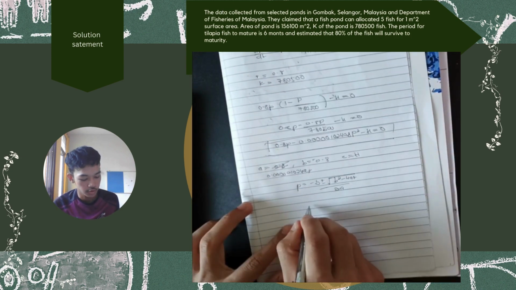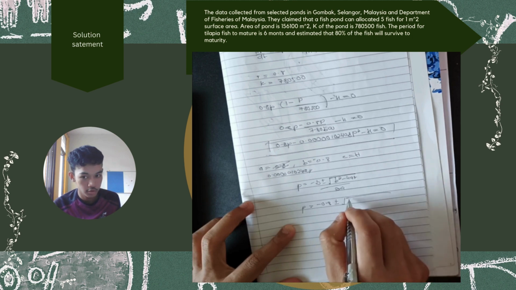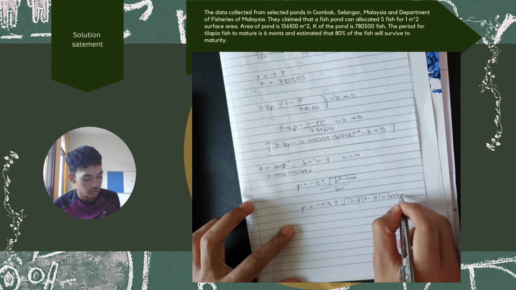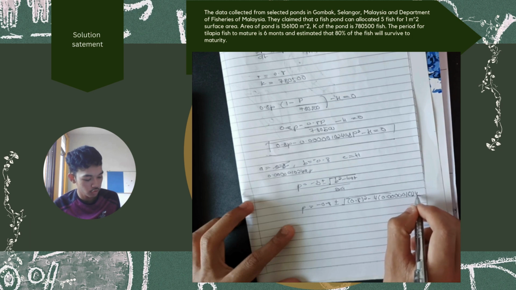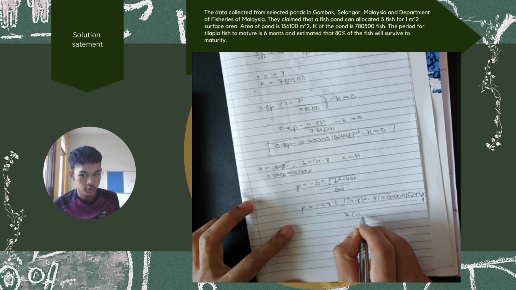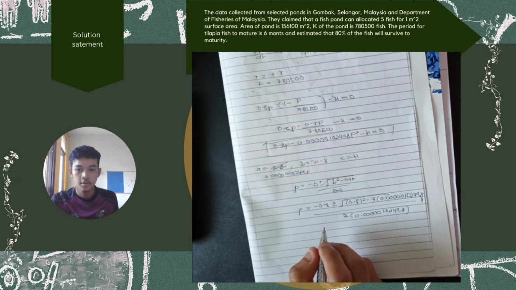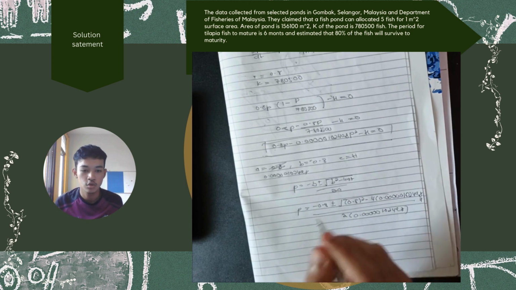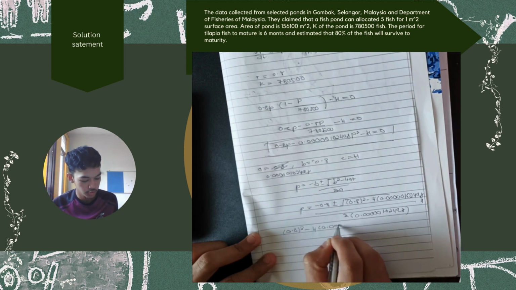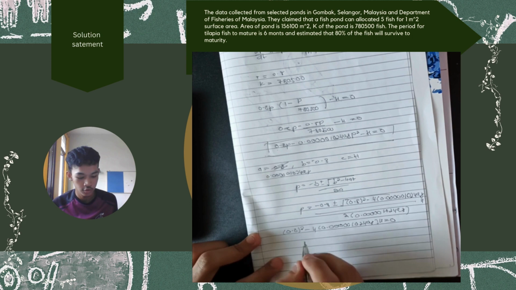So we substitute the values: P = (0.8 ± √(0.8² - 4(0.000000102498)H)) / (2(0.000000102498)). By letting the expression under the square root equal 0, we have 0.8² - 4(0.000000102498)H = 0.